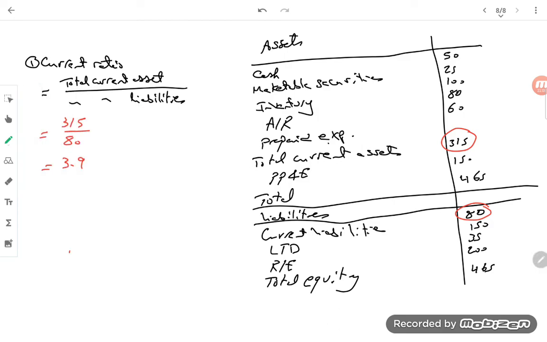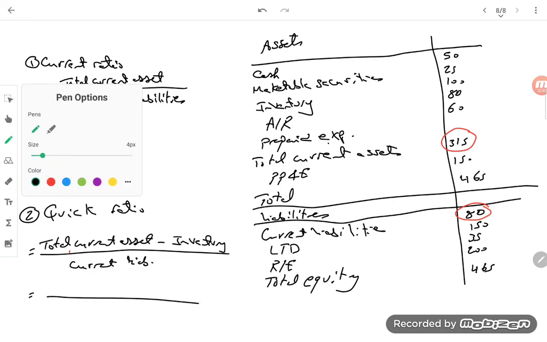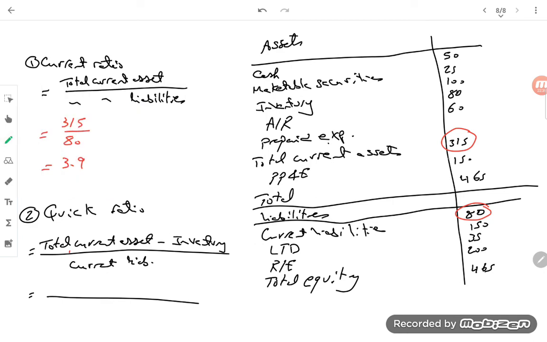Number two, quick ratio, which is calculated as total current assets minus inventory divided by total current liabilities. So it will be 315, which is total current assets. Inventory is 80.